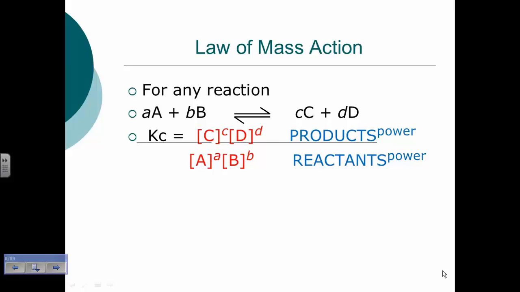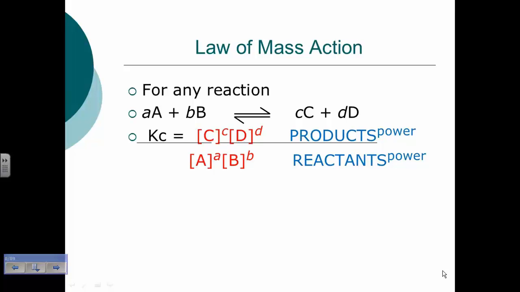Last chapter, when we were writing rate laws, we had to use initial rate data to determine with which respect these powers were raised, because these were general equations, not guaranteeing you that they were elementary. Dynamic equilibrium, forward and reverse, are always elementary reactions, so therefore the stoichiometry becomes the power to which we raise their concentrations.